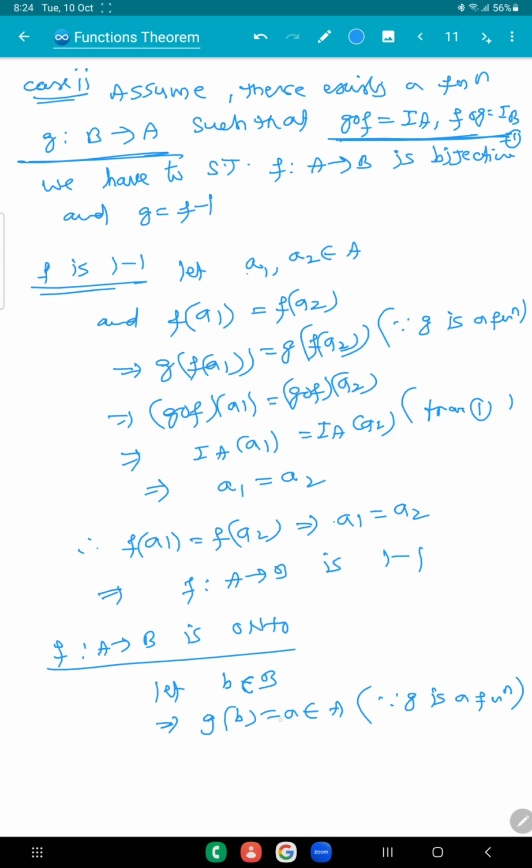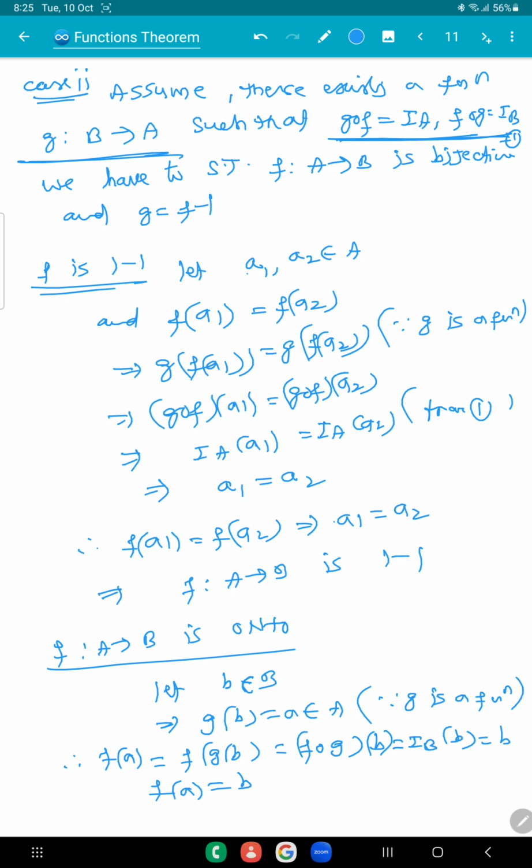So now consider F of A. Therefore F of A is equal to, what is A now? F of G of B, right? What is F of G of B? That is F circle G of B. From the given, F circle G is equal to the identity function on B. Identity function on B means B. Therefore F of A is equal to B, right?